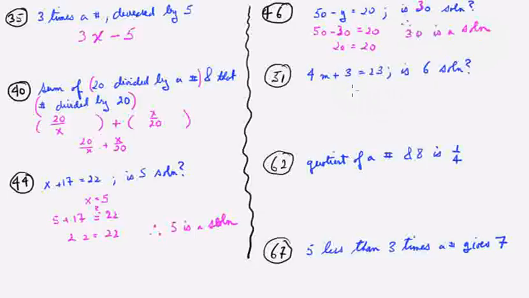Number 51 asks whether 6 is a solution to 4m plus 3 equals 23. So in order to answer that question, we will substitute 6 for m and ask whether 4 times 6 plus 3 is equal to 23. 4 times 6 is 24.